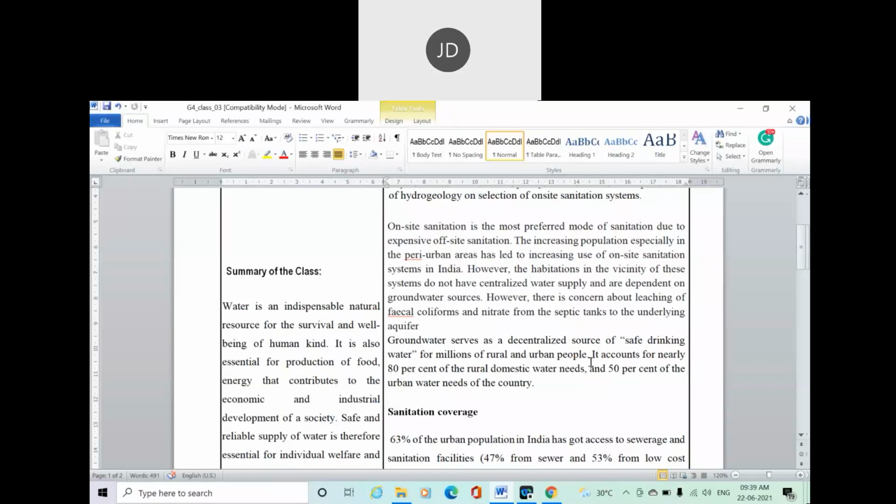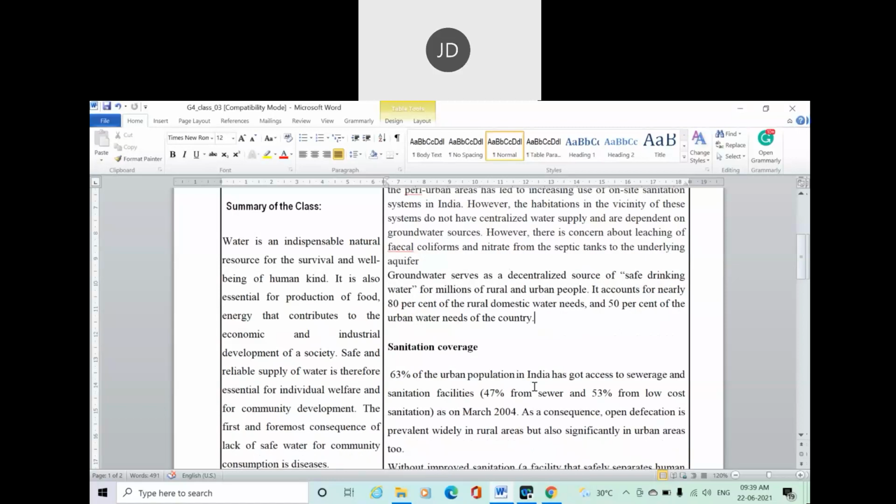And it accounts for nearly 80% of the rural domestic water needs and 50% of the urban water needs of the country. So basically, in statistics, you consider 80% of the total population living in rural areas as connected with groundwater sources, and 50% of the total population of urban areas is connected to that. Fine.